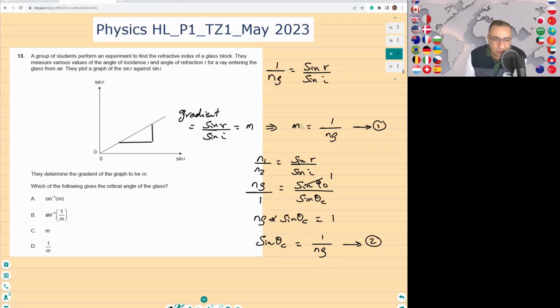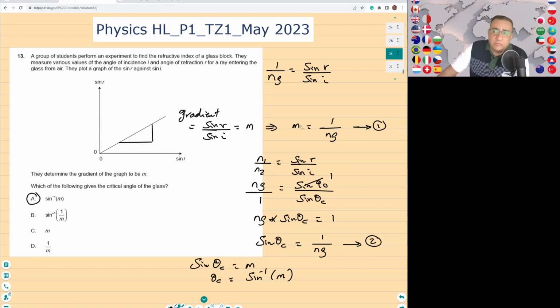Now I need only the critical angle, so you take the arc sine of the right hand side, or sine minus 1, of m. So that is the critical angle of the glass. So the final answer of this question is A.